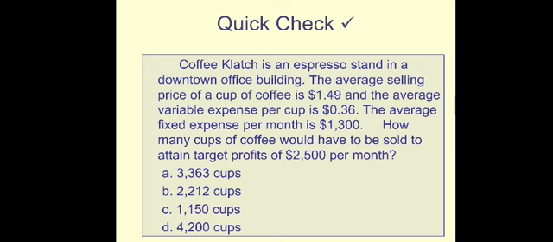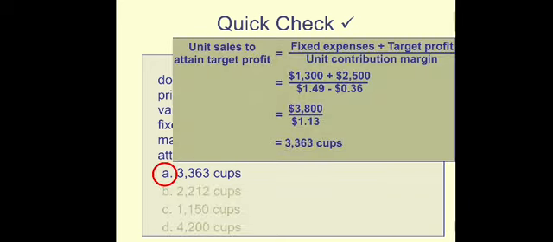I think this question will use the formula method because it is easy. The formula is fixed cost plus target profit divided by unit contribution margin. The fixed cost is 1,300, the target profit is 2,500, and the unit contribution margin is $1.49 minus 36 cents. So the business has to sell 3,363 cups per month to achieve $2,500 profit.